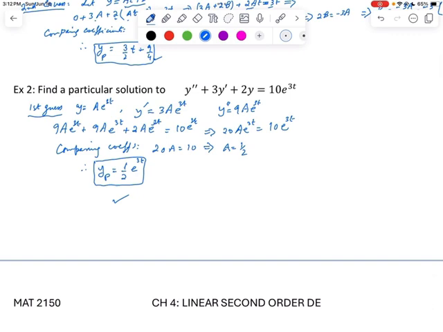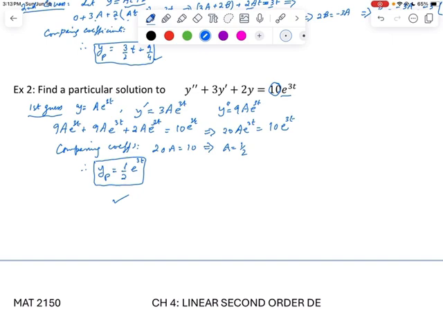Another example, y double prime plus 3y prime plus 2y equal to 10 e to the 3t. Again, guessing, because on this side we have just e to the 3t, it looks like our function should have e to the 3t, but we don't know what is going to come in front. So we say let y is equal to a times e to the 3t.